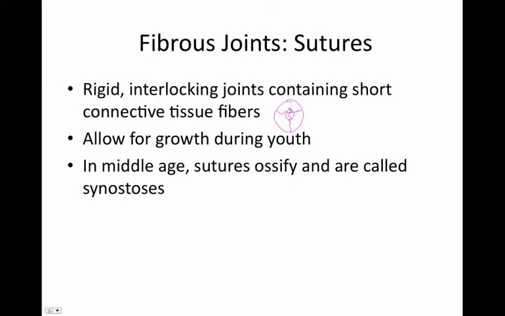These fontanelles continue to ossify, and as they get closer together, they have these connective tissue fibers that are tying everything together. This allows for growth during youth, and in middle age, sutures ossify and are called synostoses.